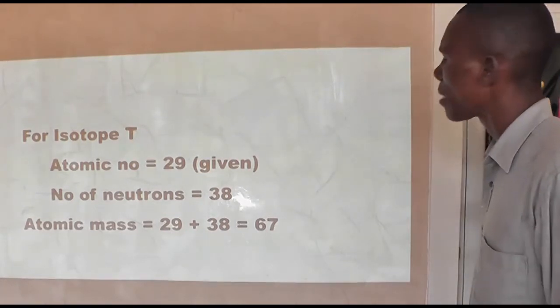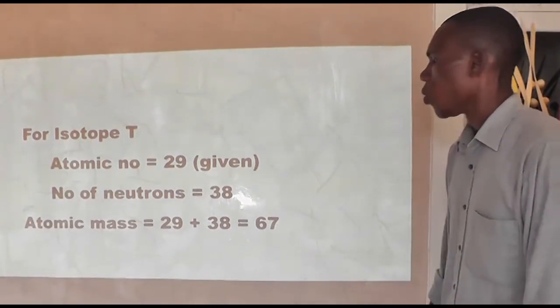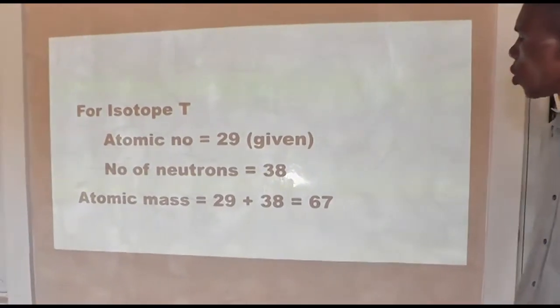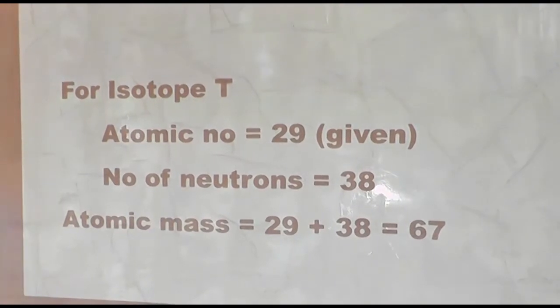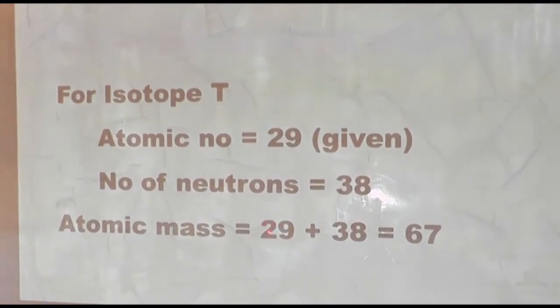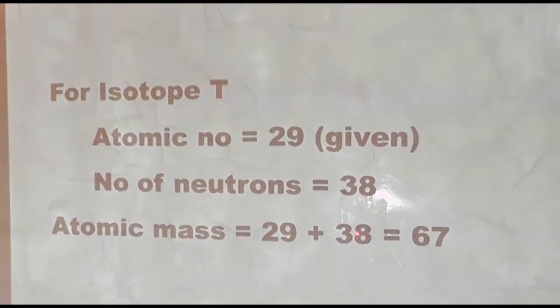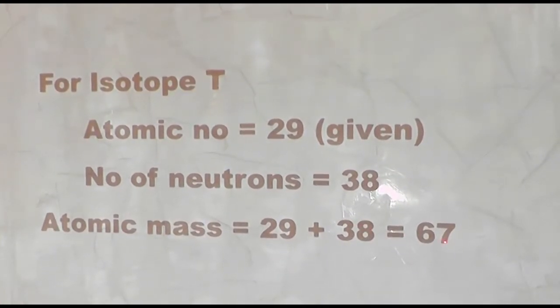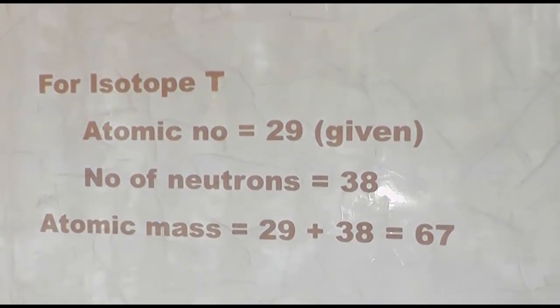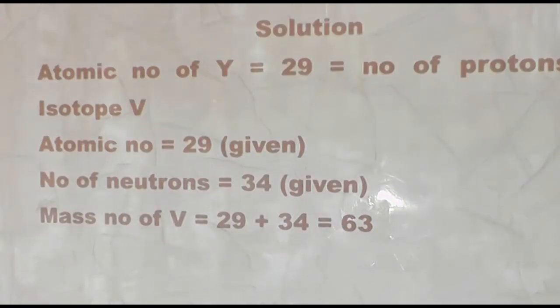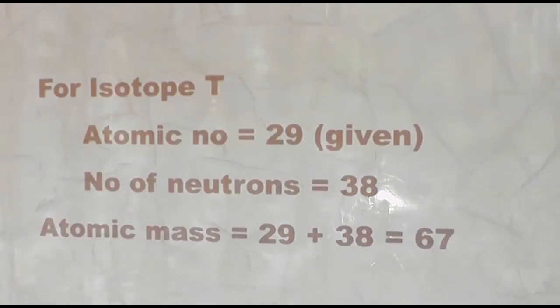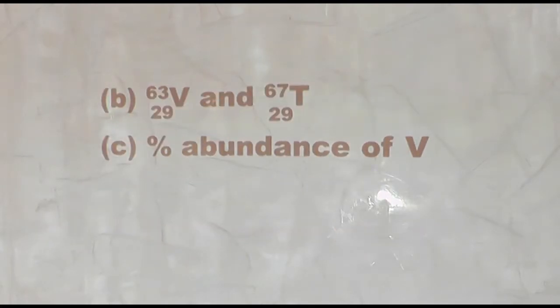The mass number of T will be equal to the number of protons plus the number of neutrons, and that's 29 plus 38, which is 67. For V, the mass number is 63, and for T, the mass number is 67.